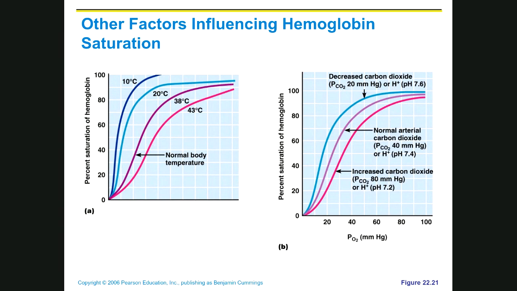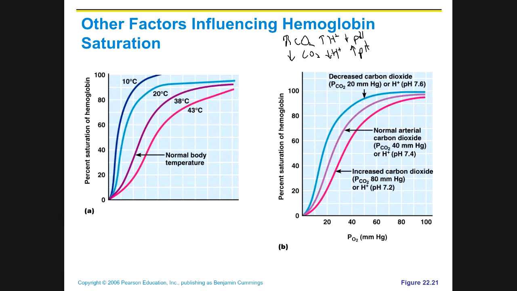If you increase carbon dioxide, automatically you're going to increase hydrogen ions and you're going to decrease pH. They're so connected that you cannot separate them. By the same token, if you decrease carbon dioxide, you're going to decrease hydrogen ions and you're going to increase pH. Again, they're so connected, you cannot separate them.